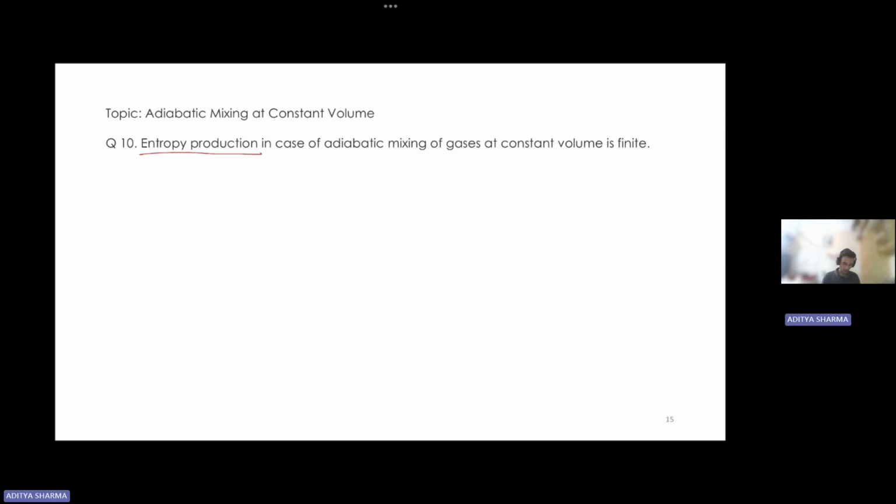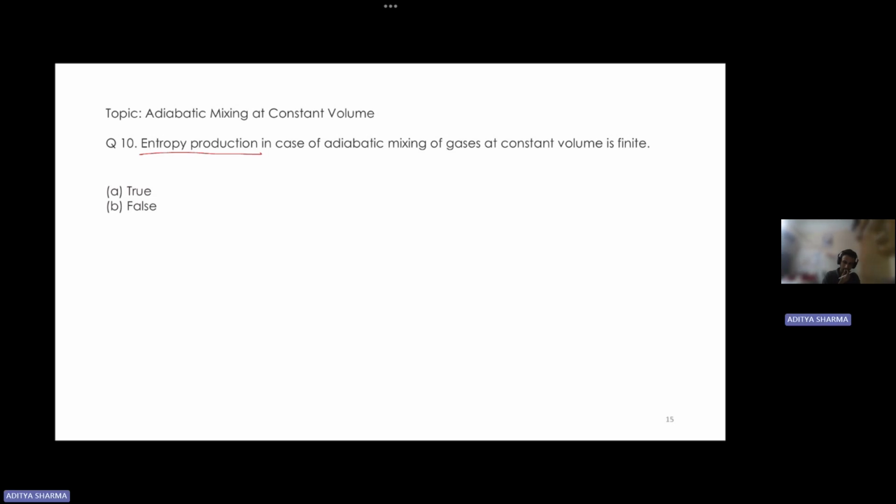The question here says that the entropy production in case of adiabatic mixing of gases at constant volume is finite.